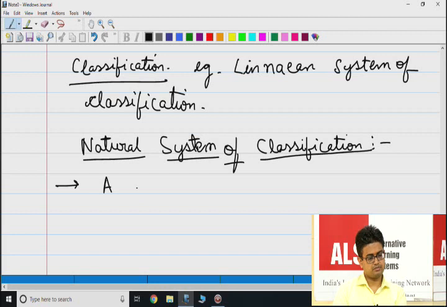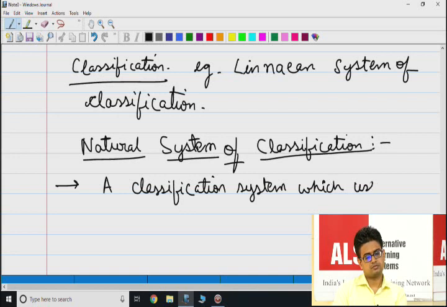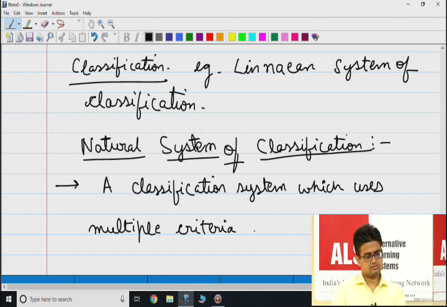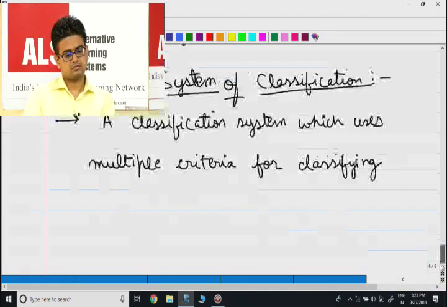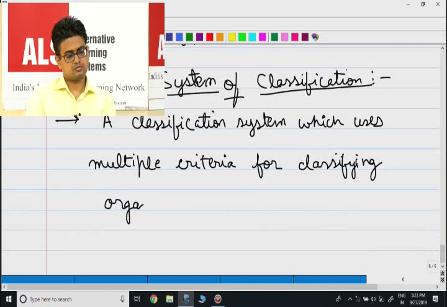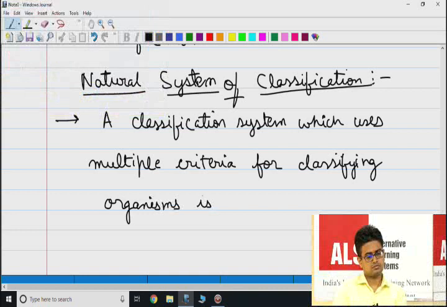A classification system which uses multiple criteria for classifying organisms is called the natural system of classification.